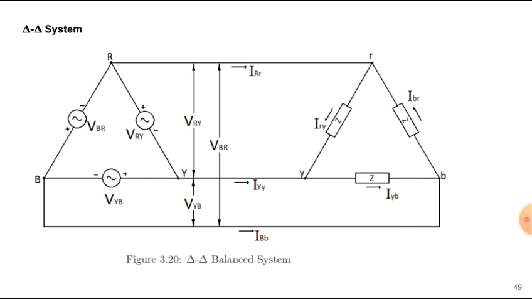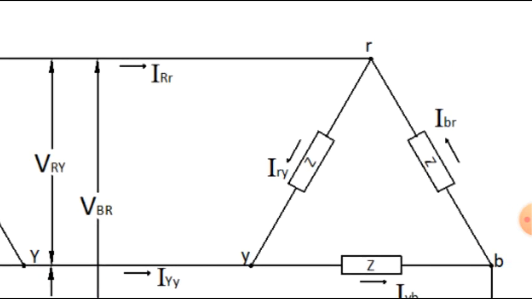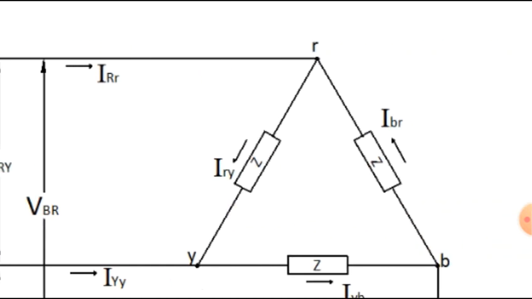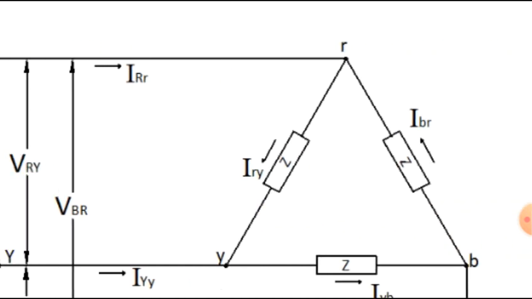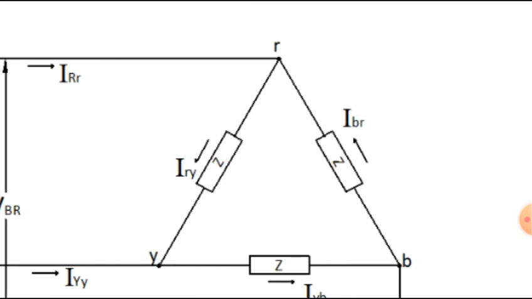It's much easier than the first one, because the phase voltage at the load is the same as the phase voltage at the source. So if I want to solve for IRY here, it's just equal to the voltage here, which is VRY, divided by Z, Ohm's law, directly. Then if I want to solve for the line current, I just subtract IRY and IBR.